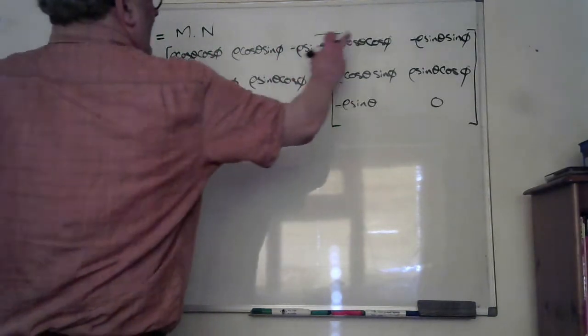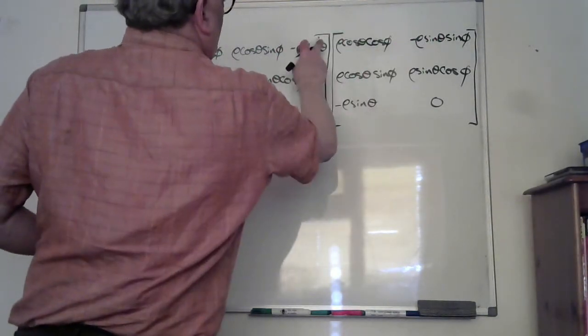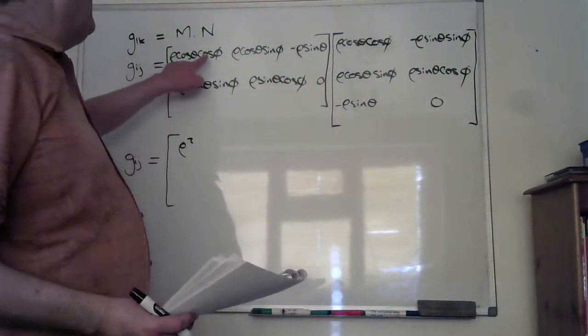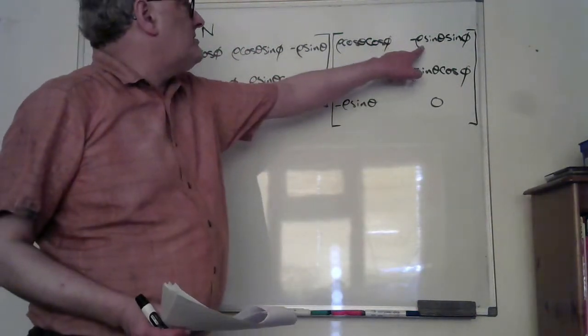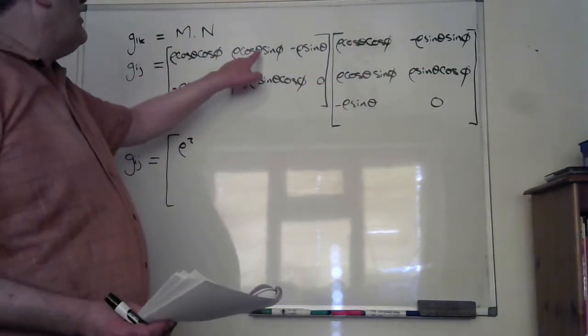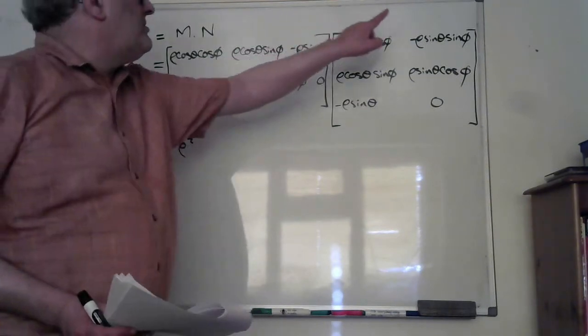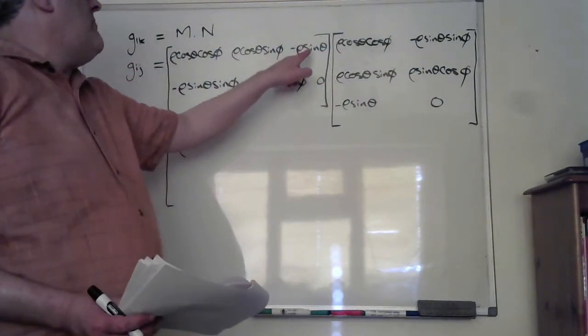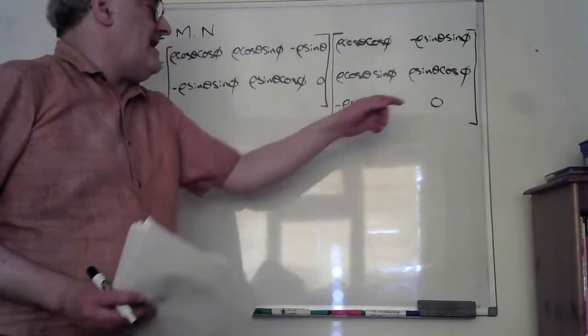Now we do the same with that top line and this column. So we've got rho cos theta cos phi times minus rho sine theta sine phi plus rho cos theta sine phi times rho sine theta cos phi minus rho sine theta times 0.